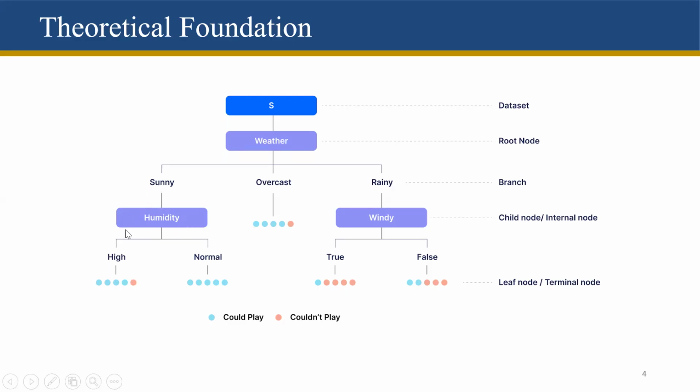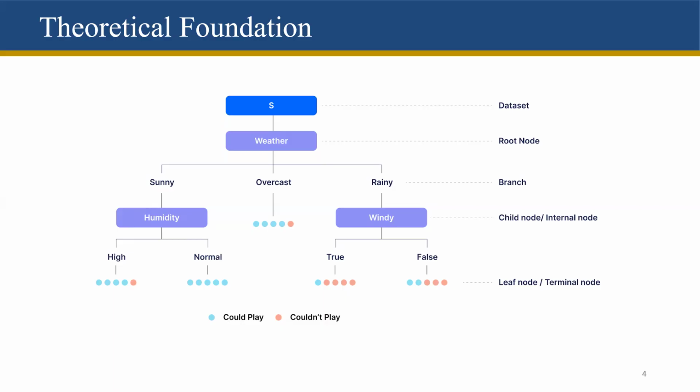If the humidity is too high, you see that we have some decisions that have been made over here. And the blue ones over here are representing who play. And the red one over here is couldn't play. And over here, if the humidity is normal, high humidity basically means there's a lot of moisture in the environment.